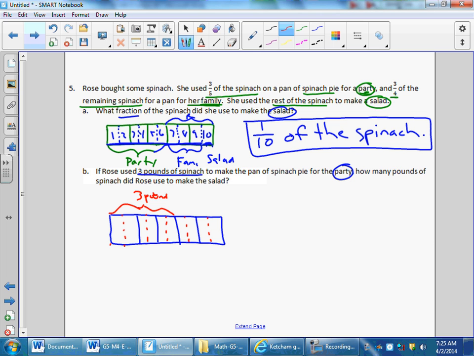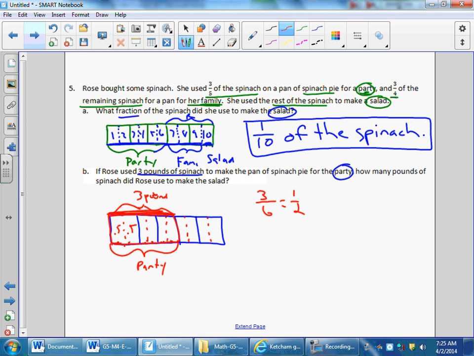It's 3/5 of the whole, but I split those 5ths into 10ths, so it would be 6/10 of the whole. There's 1, 2, 3, 4, 5, 6 pieces. 3 pounds divided by 6 pieces is 1/2 pound.